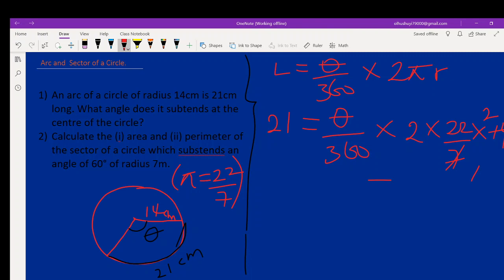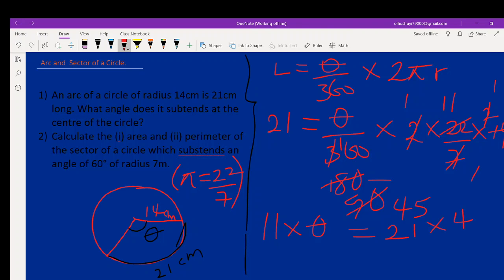What do we do next? Simplifying the 2s and the 360, we get 2 here 1, 2 here 90, 2 here 11, 2 here 45. So by the time you cross multiply, you're going to have 11 times theta equals 21 times 45.